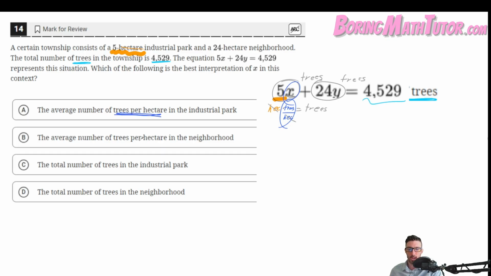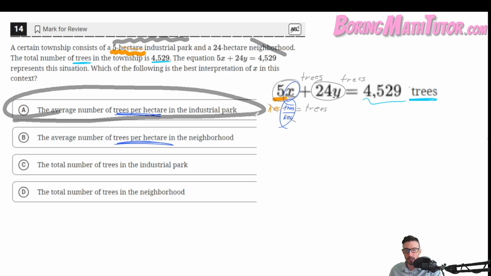So trees per hectare, but is it for the industrial park or for the neighborhood? Well, just a little bit of reading will tell you that the 5 was for the industrial park, not the neighborhood. So we are done with this. So analyze the units. Hectares times trees per hectare must come out to trees, which is what we know it has to come out to by looking at the right side.